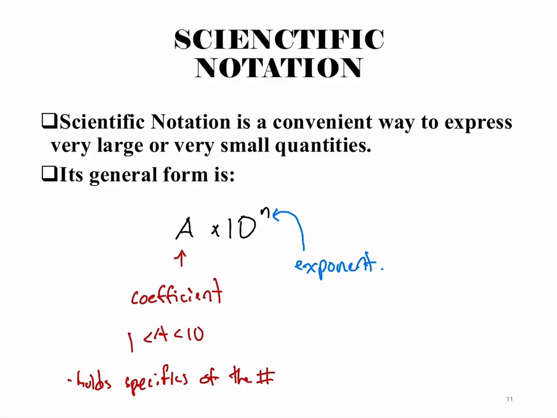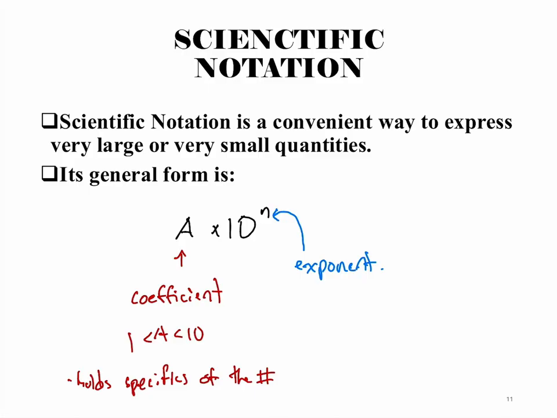The exponent tells us something else about the number, right? So we said it's useful to express very large or very small quantities. So what do you think the exponent will tell us? If it's large or small. Yeah, that'll tell us the relative magnitude or how big or small the number is, right?